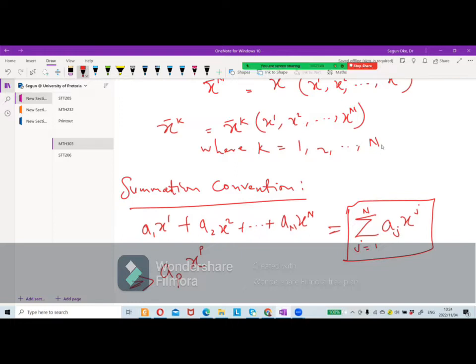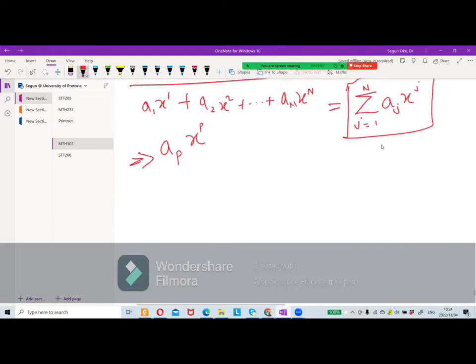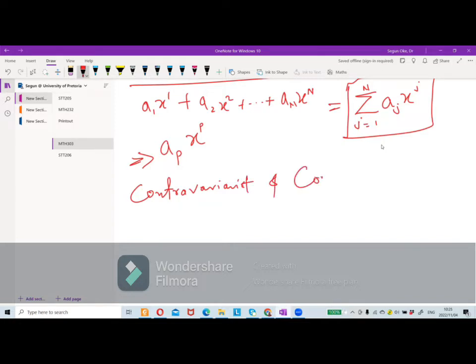But now let's look at contravariance and covariance, covariant vectors.